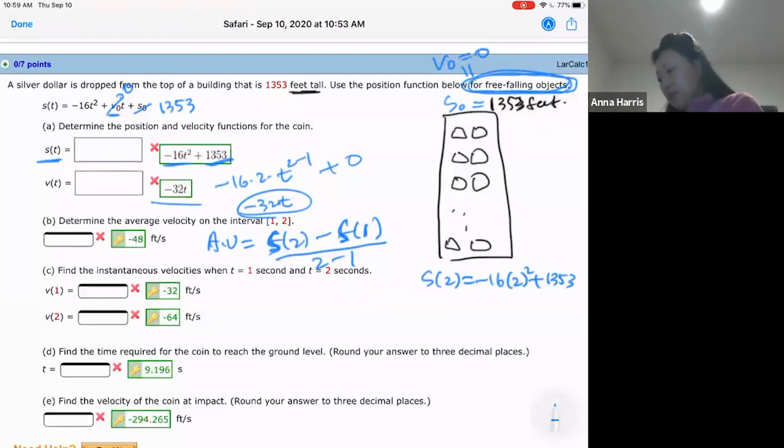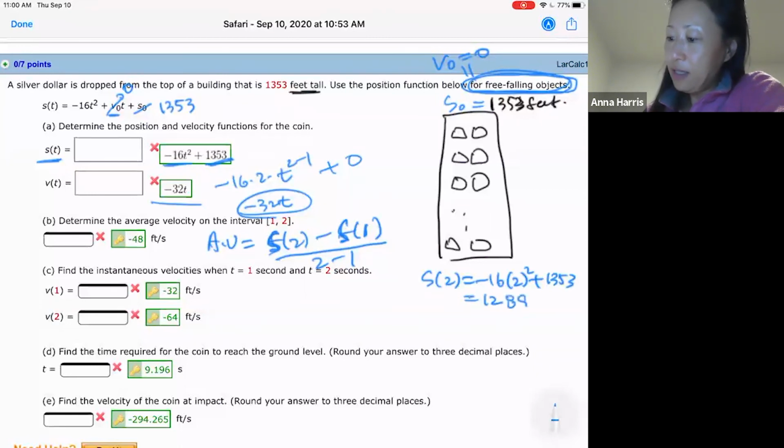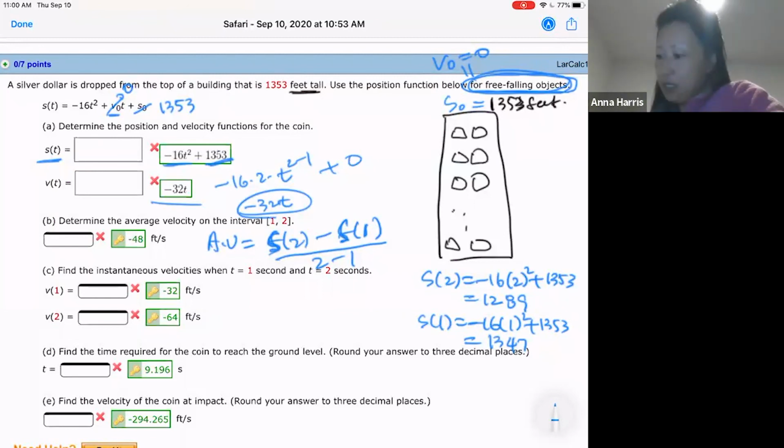Calculator out. I could have used my Julia, but I'm just going to use a calculator for now. So 16 times 4 minus 1353 gives me 1218... Is it 48?